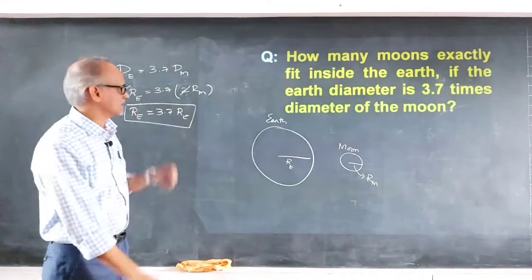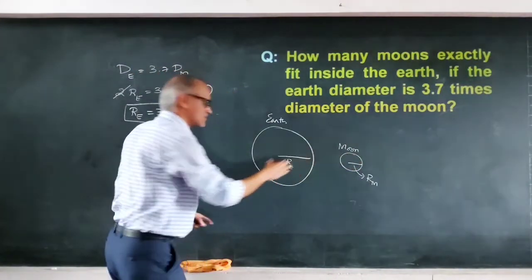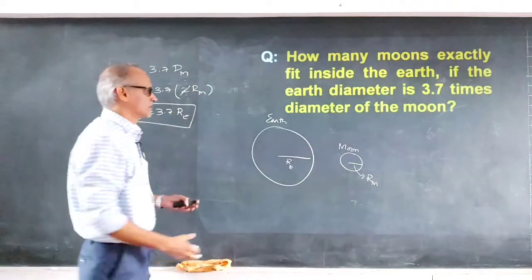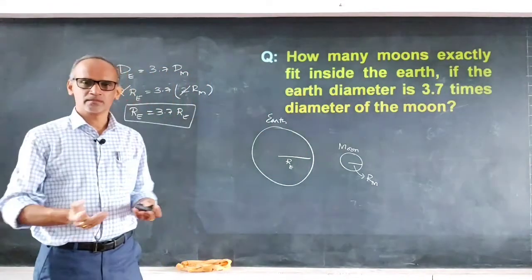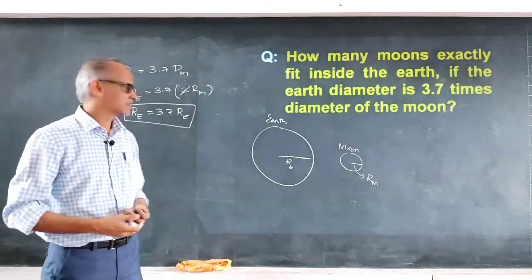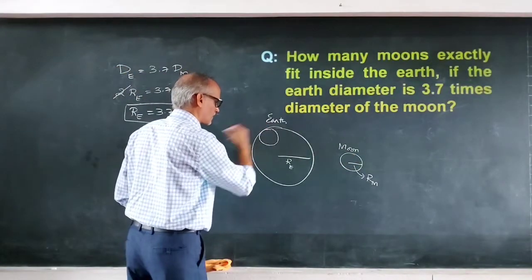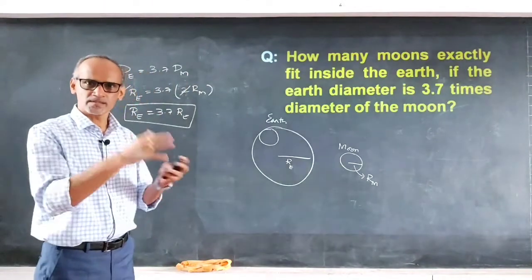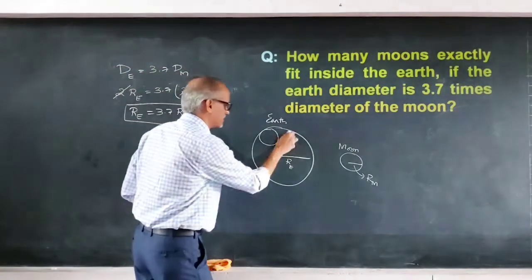The question that is asked is, now this moon I will place, just imagine. We have to assume that the earth is hollow. These are all hypothetical. So I'm going to place one moon here inside, because it's smaller. Can we place some more moons inside like this? Yes.